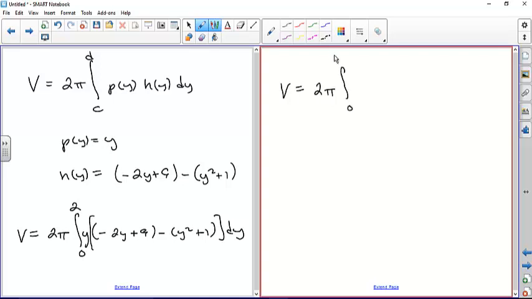So first thing we do is we're just going to simplify what's inside square brackets. So you've got, I'll put the highest order term first, negative y squared. Then you've got negative 2y. And then you've got 9 minus 1, which is 8, times dy.